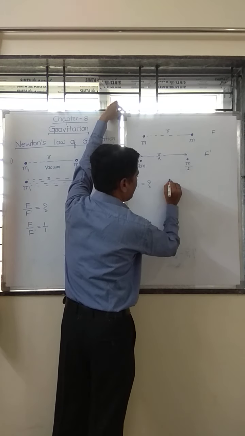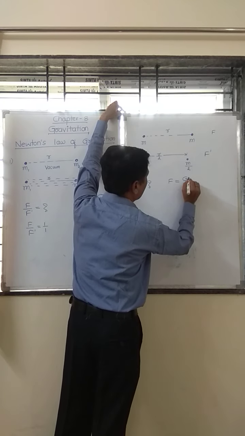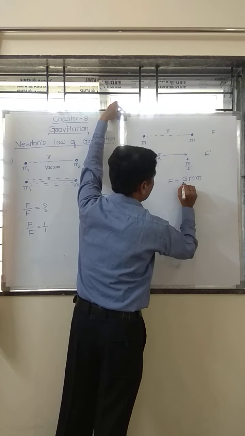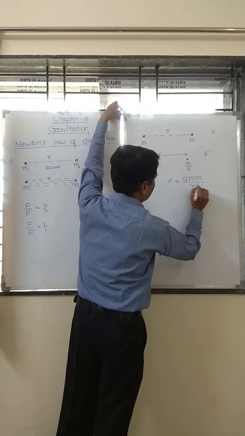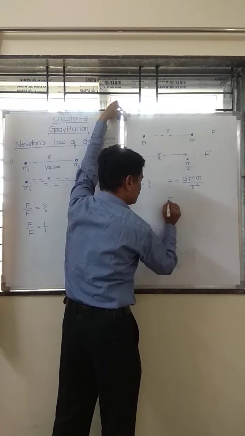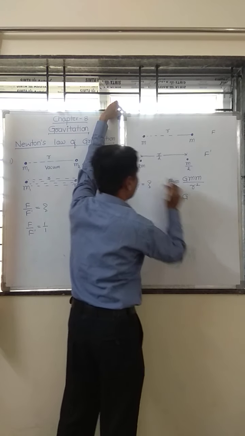See, first I will write in case 1, F is equal to capital G m into m by distance square. In case 2, F dash is equal to capital G, which remains the same.